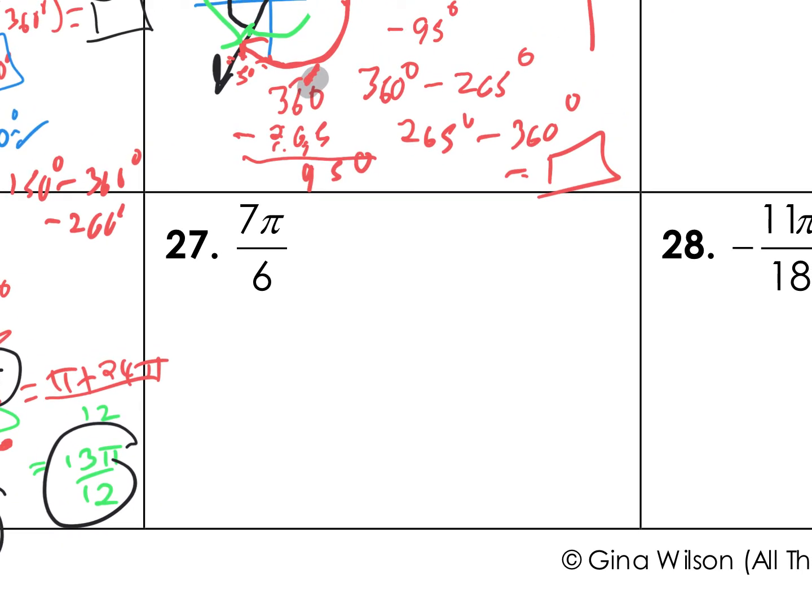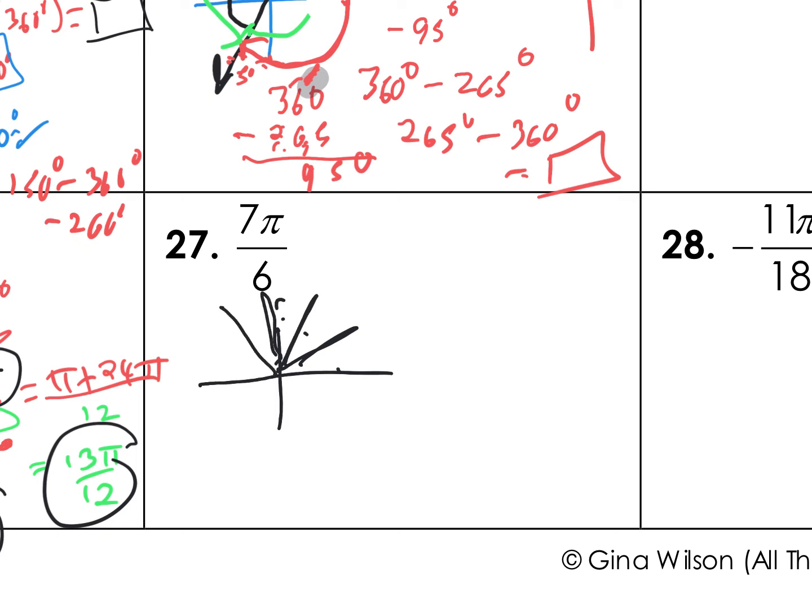One's to the right and one's to the left, and maybe I can get it. 7 pi over 6. Let me see here. 7 pi over 6. Remember, pi over 6 was like a 30-degree angle right here, 30. And then there's a 60, and there's a 90. So there's 3 of them in the 90 degrees.